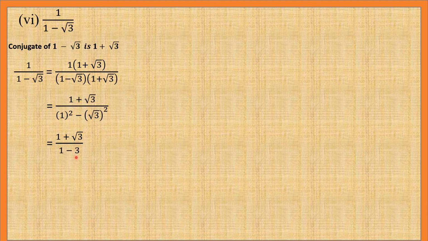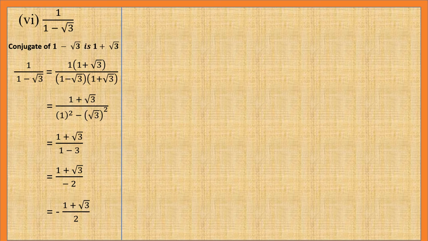So we have 1 minus 3, which is negative 2. So we have 1 plus root of 3 over negative 2, or we can write it as negative 1 plus root of 3 all over 2. And that is the rationalized form of 1 over 1 minus root of 3.